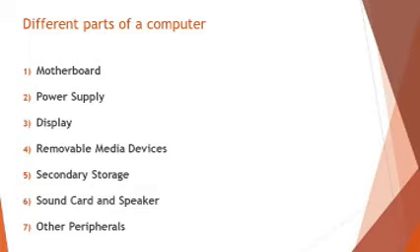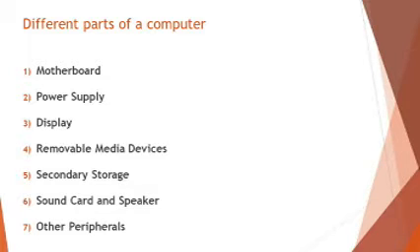Basically we can divide the different parts of a computer into 7 categories: the motherboard, the power supply, the display unit, the removable media devices, the secondary storage, the sound card and speaker, and the other peripherals, which includes all the external accessories used with a computer.